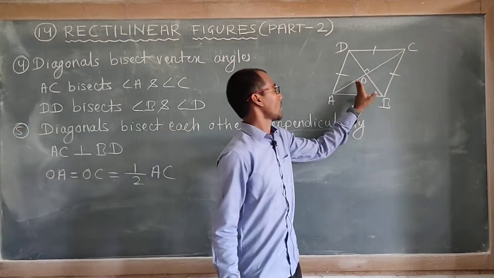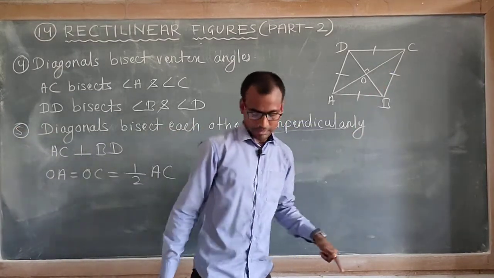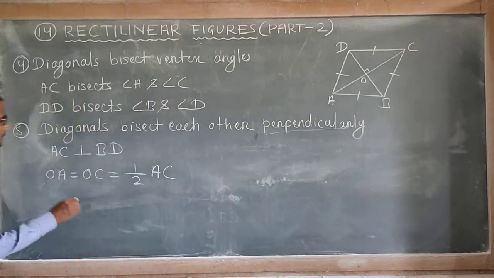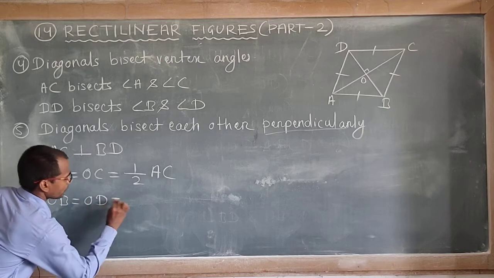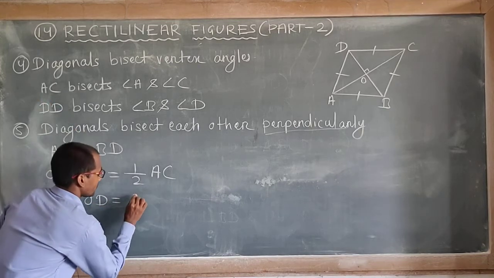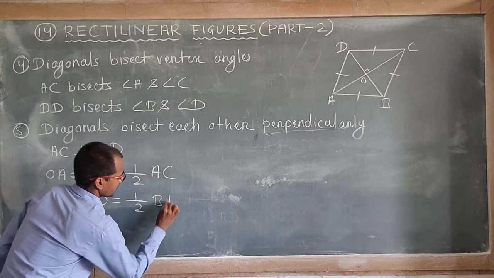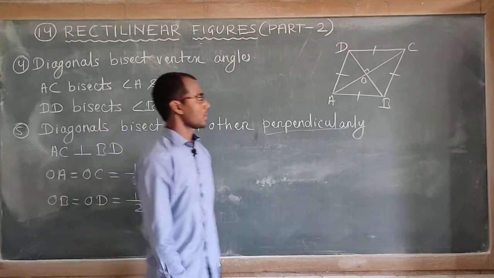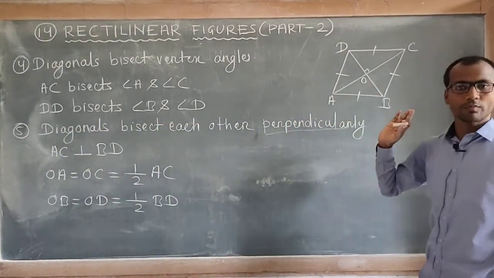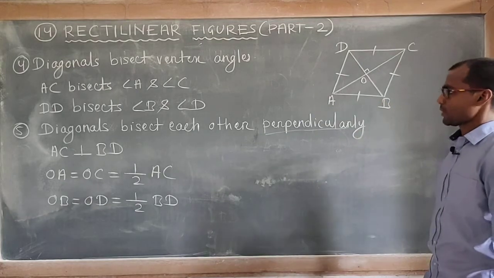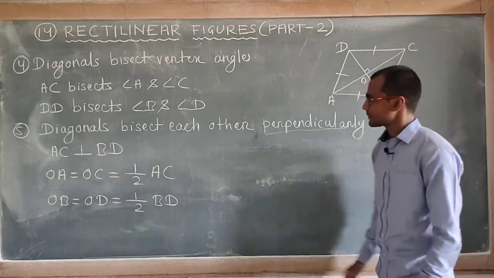Next, OB is equal to OD is equal to half BD. So this is another diagonal property of a rhombus.